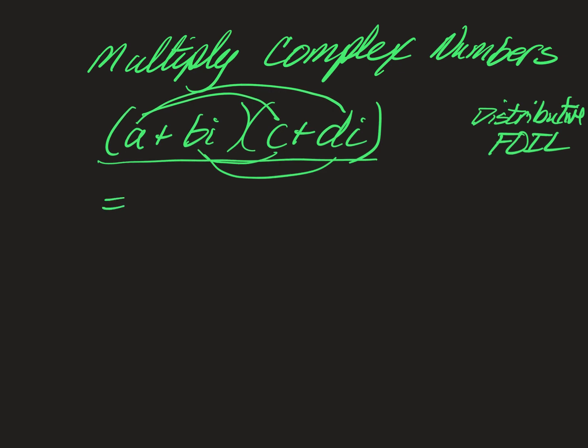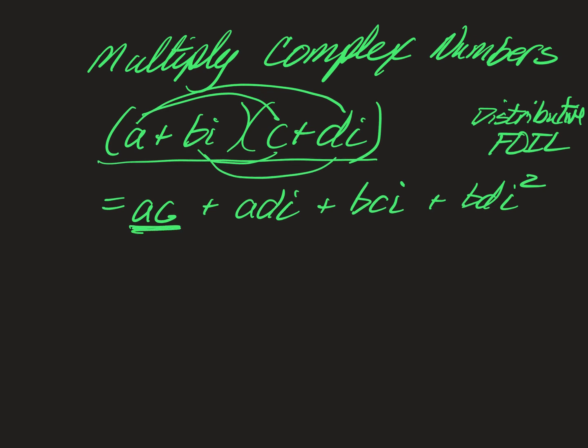So to multiply two complex numbers, you'd get a times c plus a times di plus b times ci plus bd i squared. Now, the key to notice is that this here is a real part. These are imaginary parts, so we've got to rewrite this. Collect like terms, basically. And this is an i squared. But i squared is negative 1.